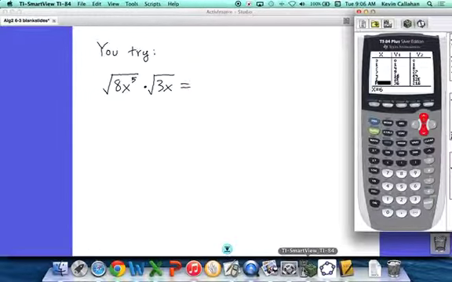Again, here's the perfect square column. 24 is not in there. So start dividing. 24 divided by 16 doesn't go. 24 divided by 9 doesn't go. 24 divided by 4, that's a factor.